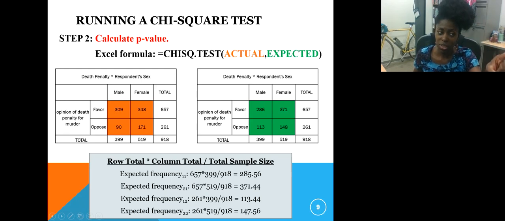So one thing that you need to know is that 309 plus 348 equals 657, yes? Okay, 286 plus 371 also equals 657. Okay, same with our next row, right? Same with our columns.